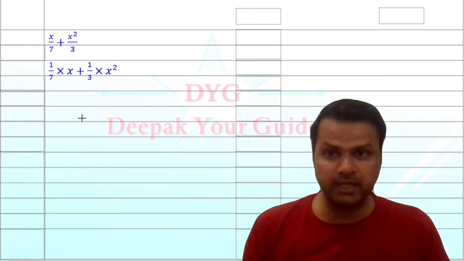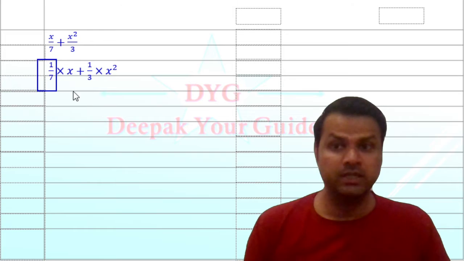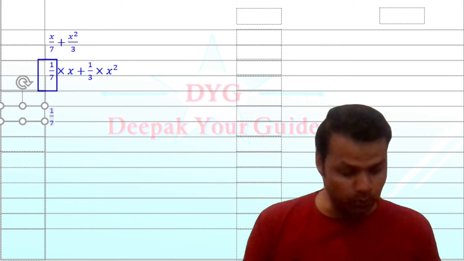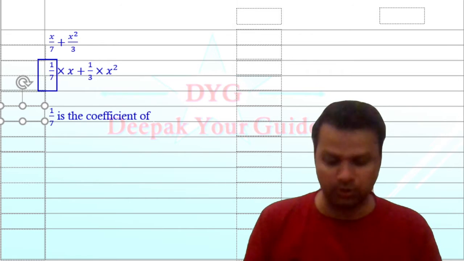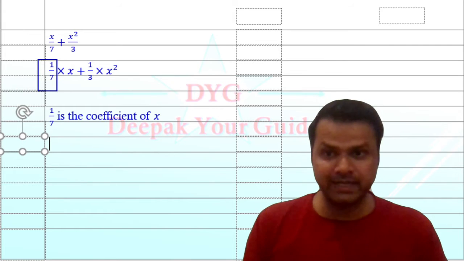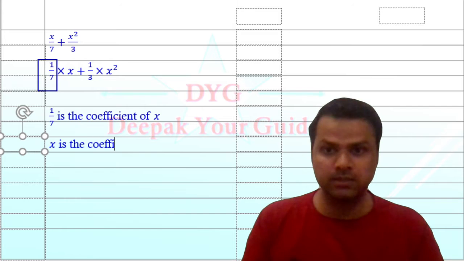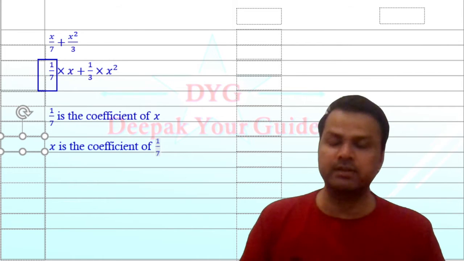So we will say that this 1 by 7, 1 upon 7, is the coefficient of x. And similarly, we can see that x is the coefficient of 1 by 7.